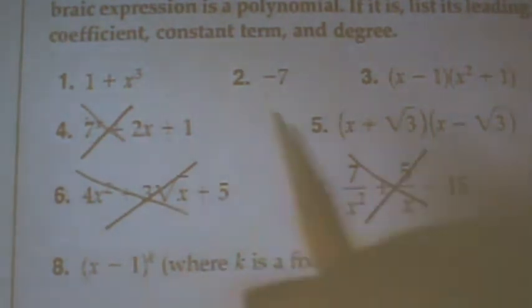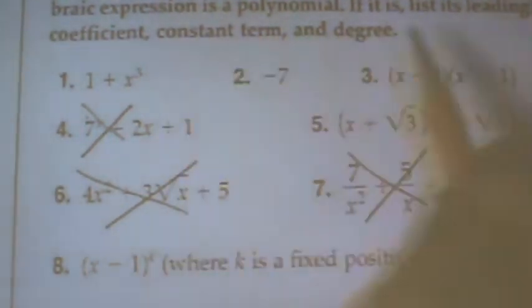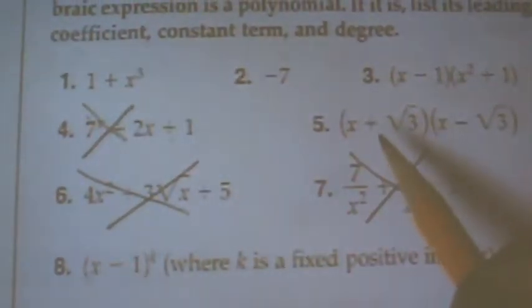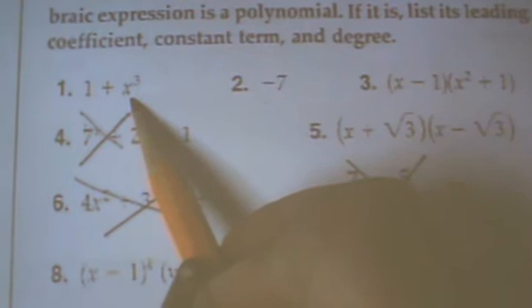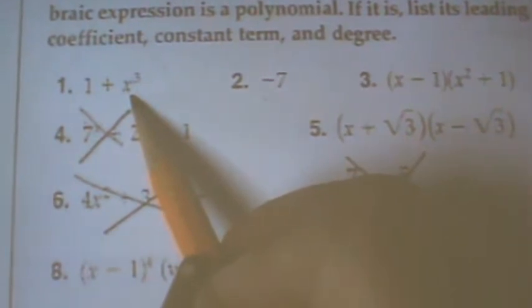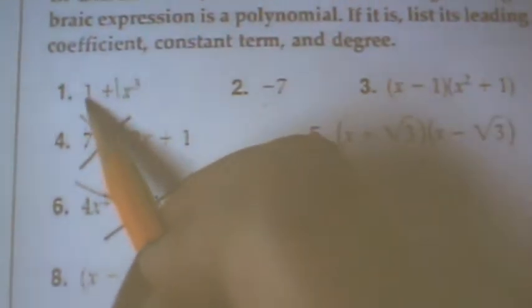Now, they also want to make sure, could you tell me how to write these in standard form? Would you know the constant? Would you know the degree? Like, for example, this one right here. If I asked you, what is the leading coefficient, what would you say? It's a 1, not because of this one, but because this should be written as x to the 3rd plus 1.